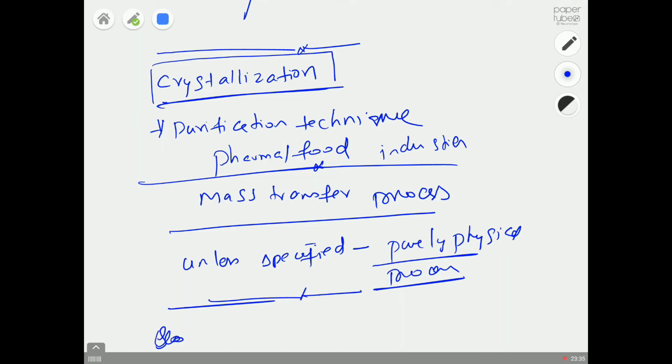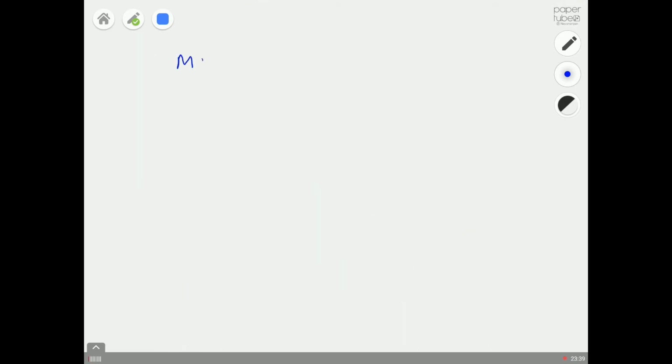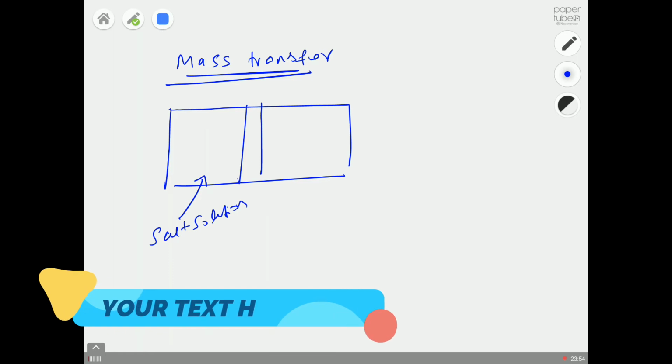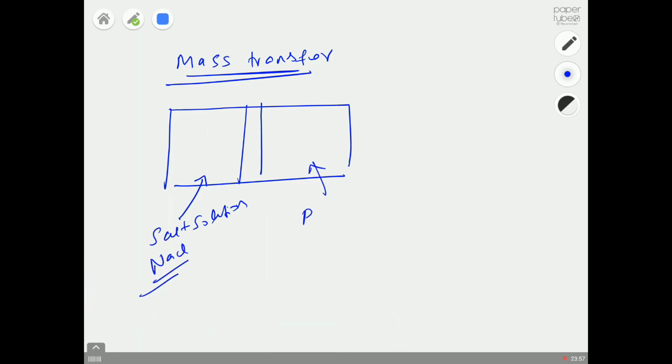For the people who do not have an engineering background, I'm just going to explain what a mass transfer process is. So imagine you have two compartments, where you have your salt solution on one side, for example a normal table salt, sodium chloride, and pure water on the other side.